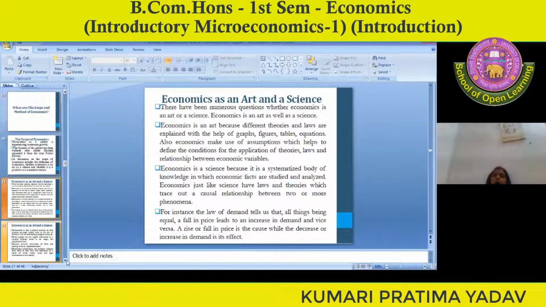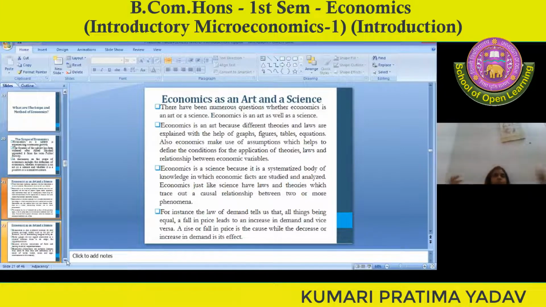Economics is science. How is economics a science? Economics is science because it is a systematized body of knowledge in which economic facts are studied and analyzed. Economics, just like a science, has laws and theories which trace out causal relations between two or more phenomena, which I give you the example. Why is it science?